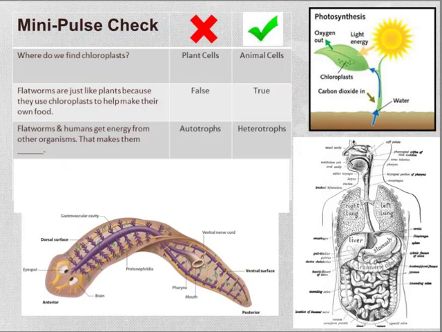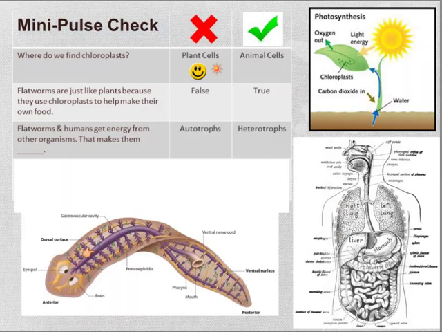Where do we find chloroplasts? I love illustrations. I'm a very visual learner. So I want you to look through all of these potential pictures and identify the best answer, that's good grammar, to where do we find chloroplasts. I've got one vote for plant cells. And if you look at the pictures, it tells you you'll find them in a leaf, which is on a plant.